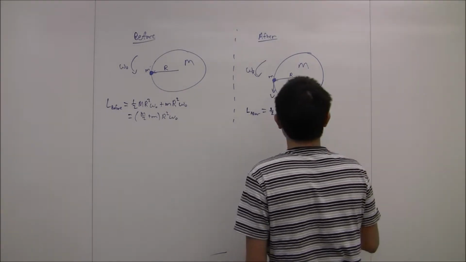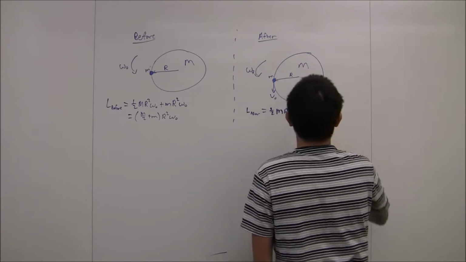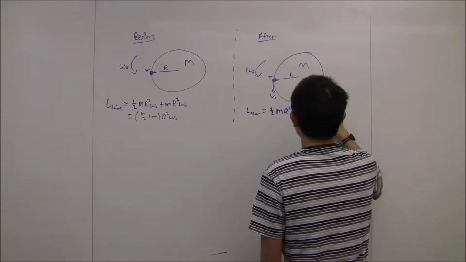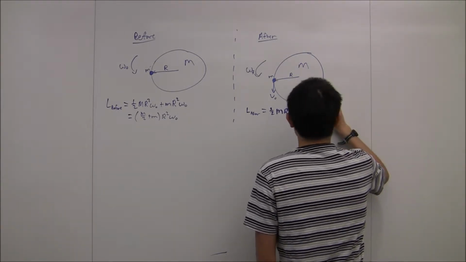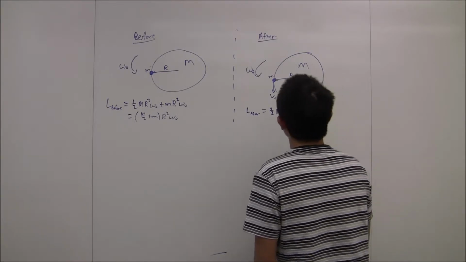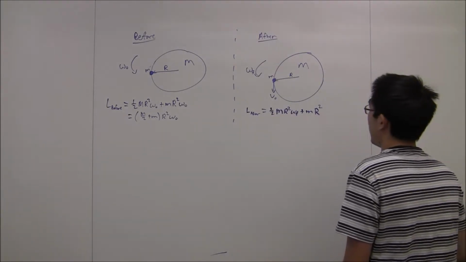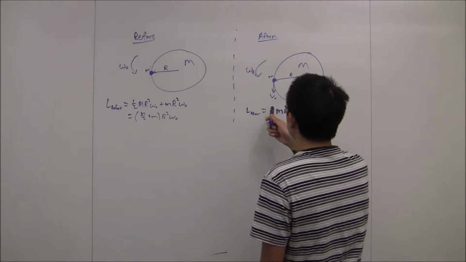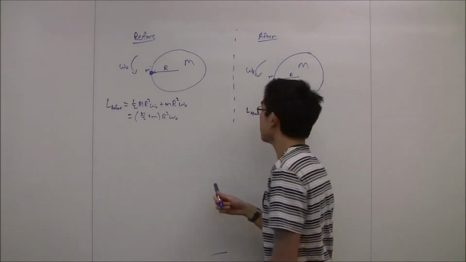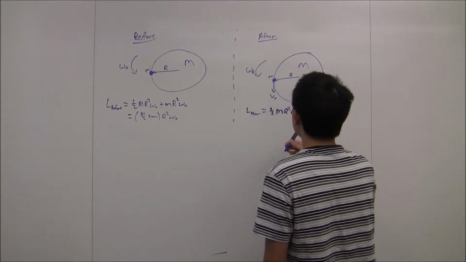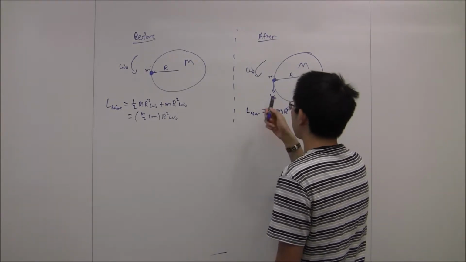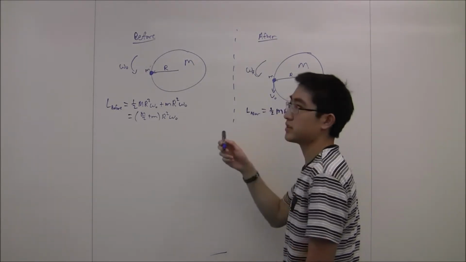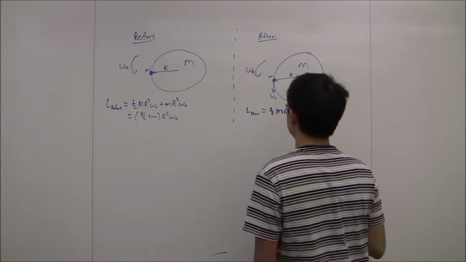And now the person has mass little m, distance big R away, and its new angular velocity is going to be its angular velocity relative to the merry-go-round plus the angular velocity of the merry-go-round relative to the ground observer.